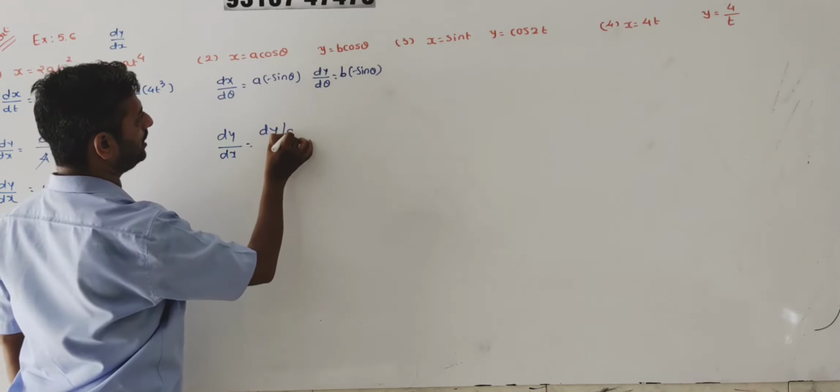This and this are cancelled. Now b by a sec theta, where sec theta is equal to 1 upon cos theta and tan theta is equal to sin theta upon cos theta. Cos theta cancels. So this is b by a cosec theta. In this way again we have finished the 5th, 6th and 9th examples.